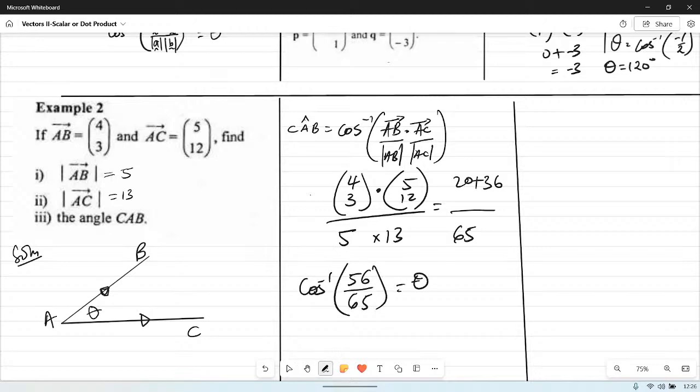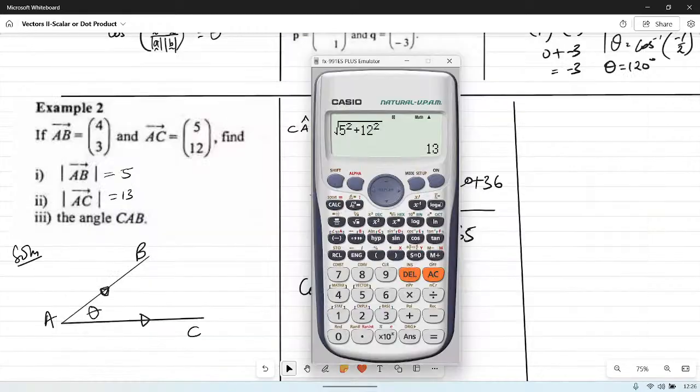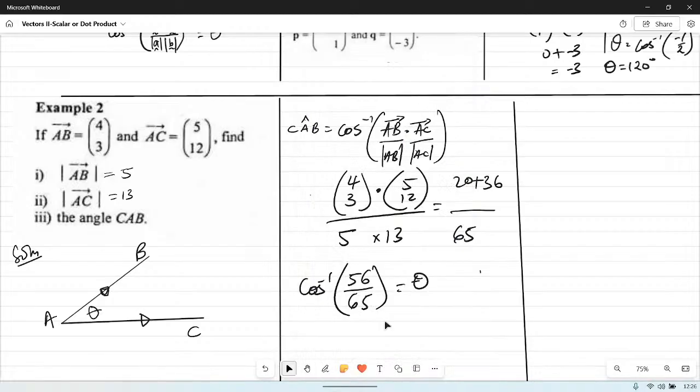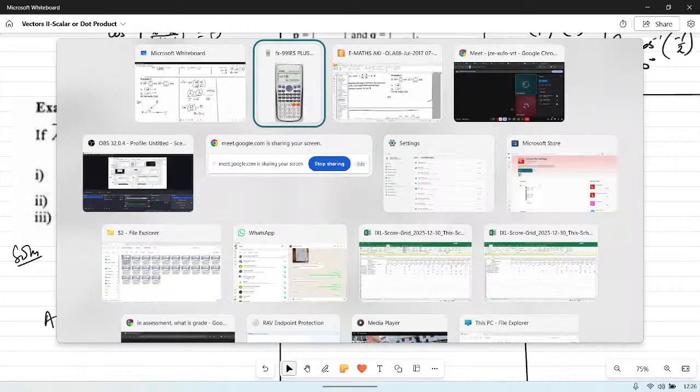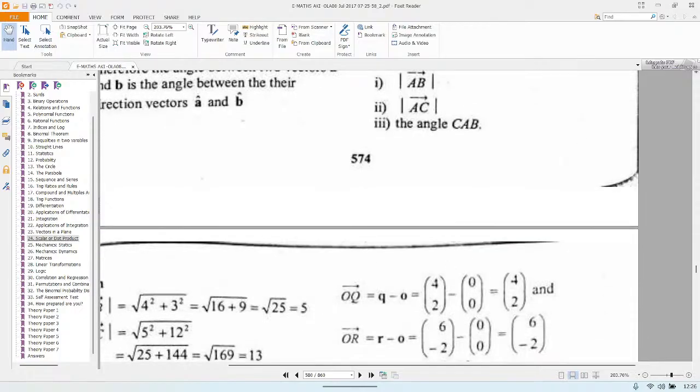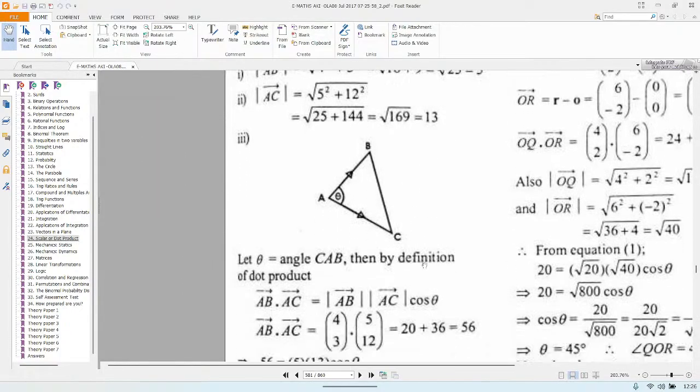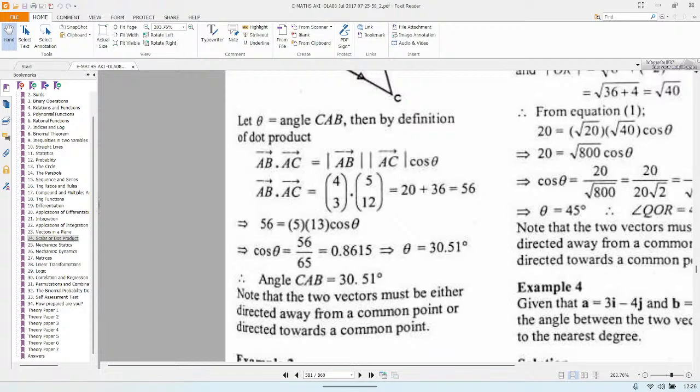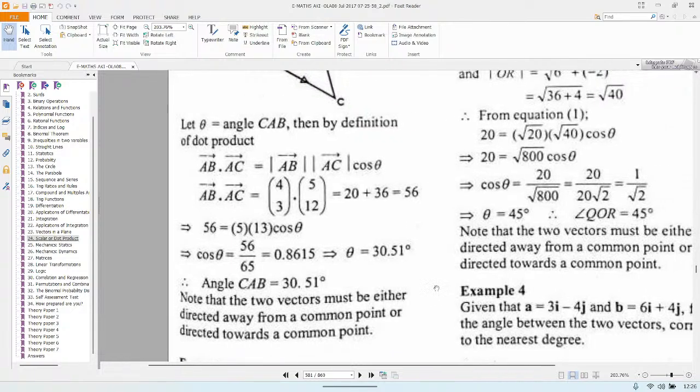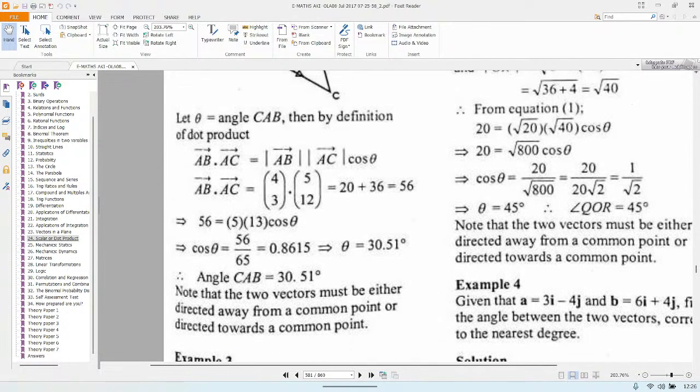That's the angle theta. So cos inverse of 56 over 65 is about 30.5. Are you okay?